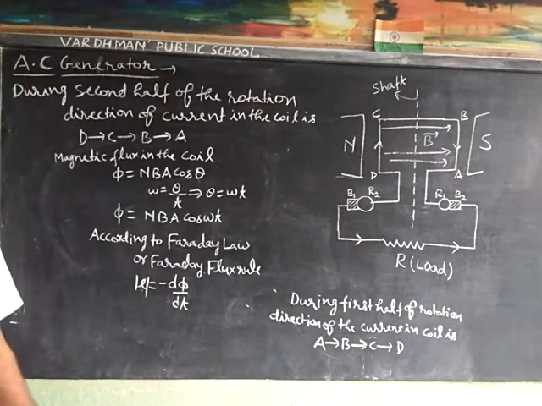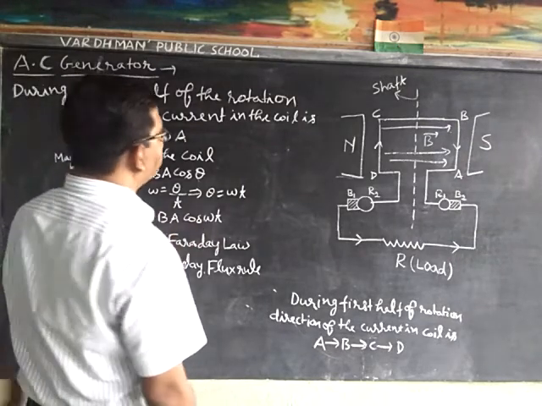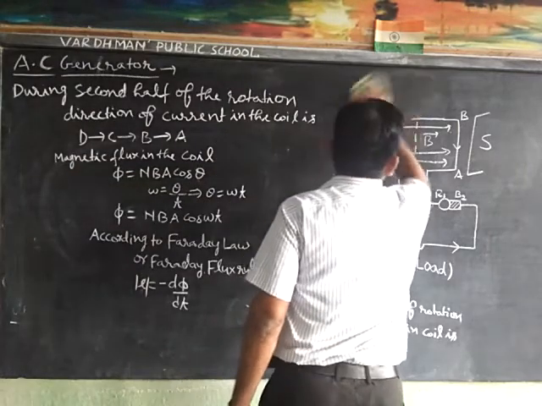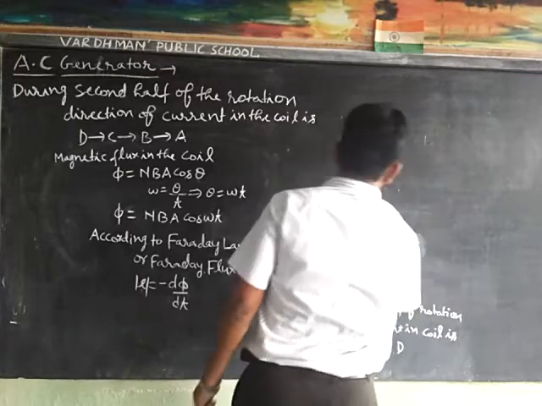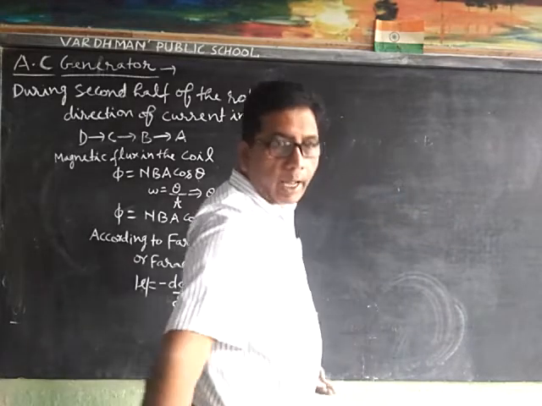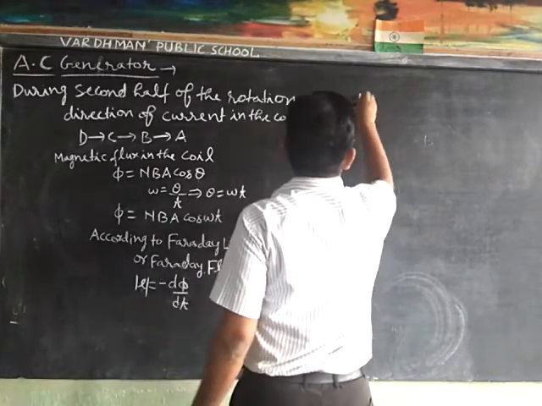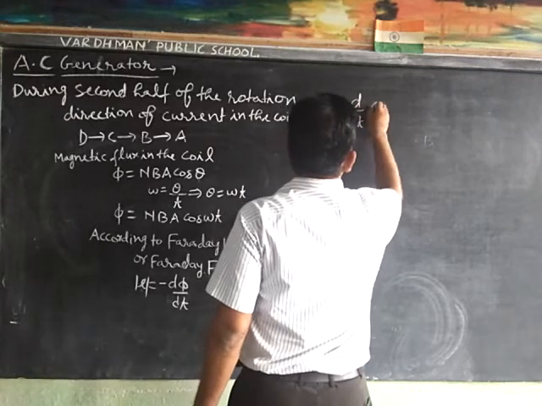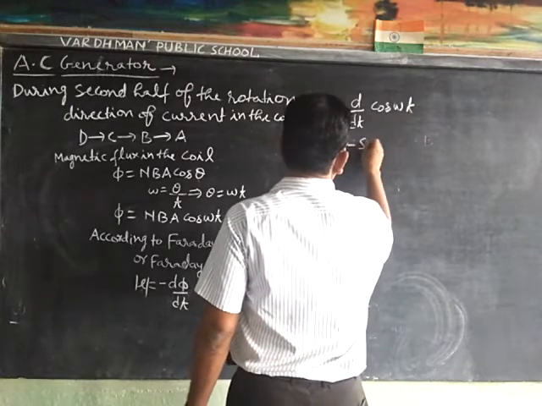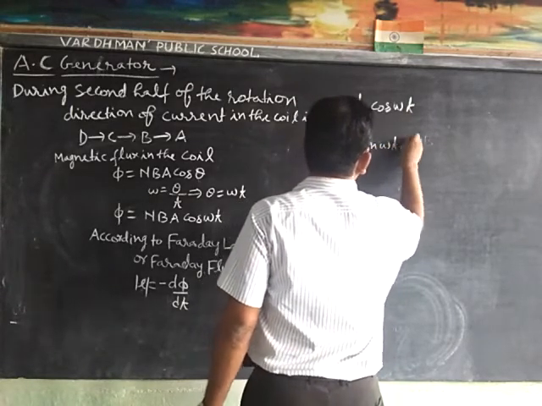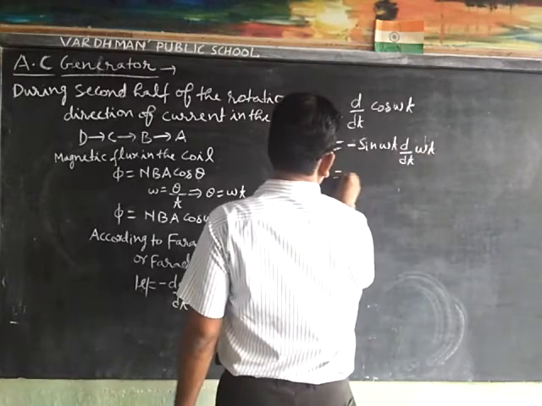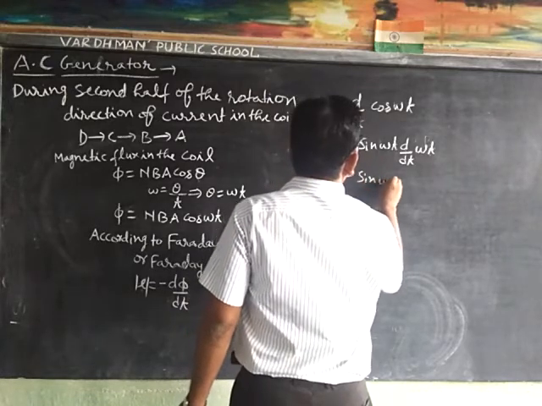Thus, first, do you know what is the differentiation of cos omega t? Can you tell me? d upon dt of cos omega t is equal to minus sin omega t times d upon dt of omega t.